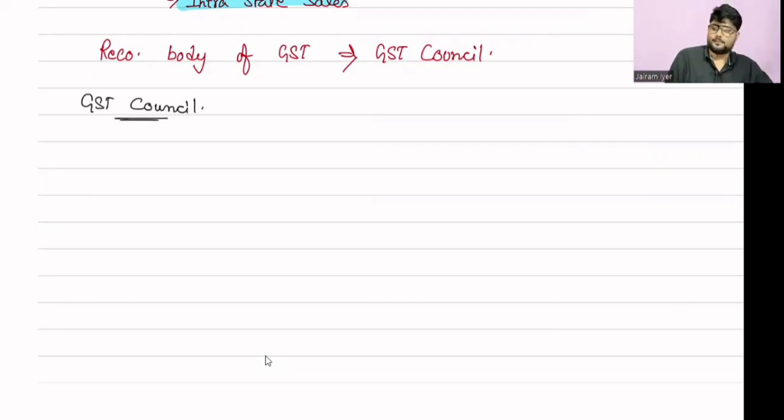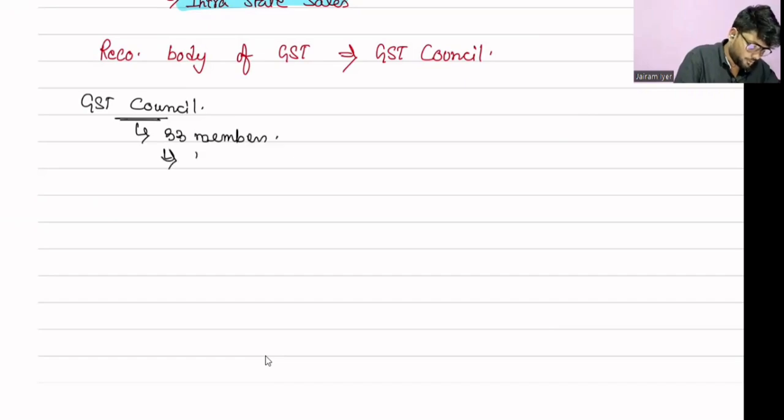So the chairperson. Now, suppose for an example, how many members can be present? 31 of states and 2 of union. Correct? So all total 33 members will be present. So if we talk about quorum, 50% should be present. So how many?